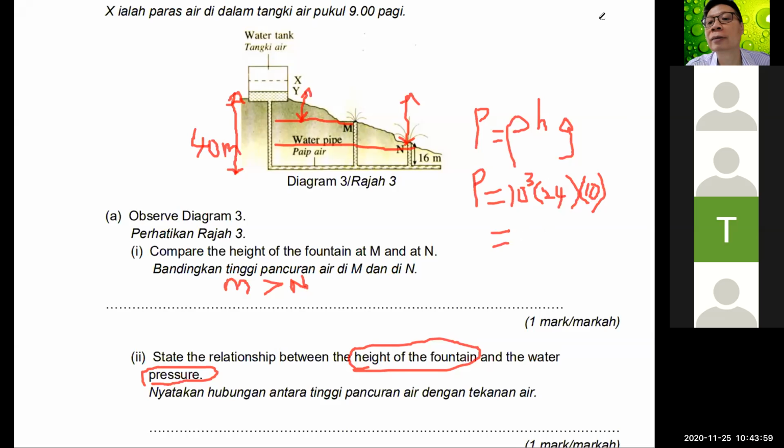Like Anik said, Anik gave the answer 240 kilo. So our answer is what? To give in standard form, 2.4 times 10 power what?